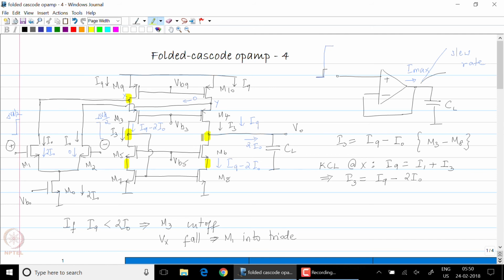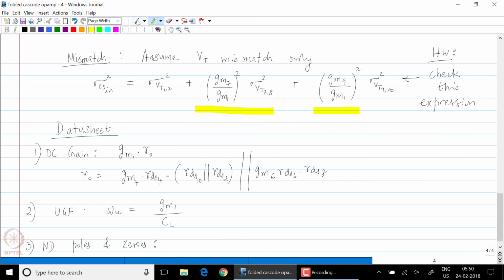So clearly, you are going to see at least 5 poles for this particular circuit. So you are going to have several poles and zeros. And as I mentioned, this is a homework problem for you to analyze as to see how many poles and how many zeros you have from this particular op-amp.